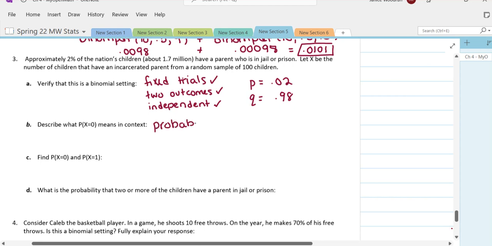The probability that out of all 100 children, 0 have an incarcerated parent, or none.